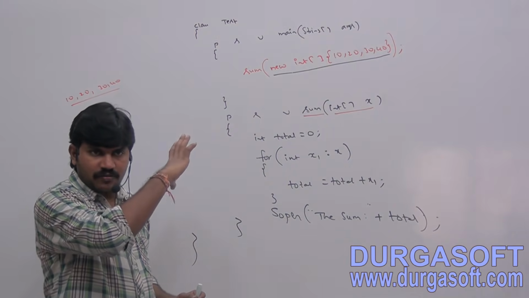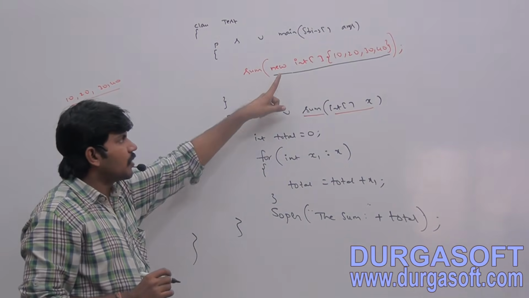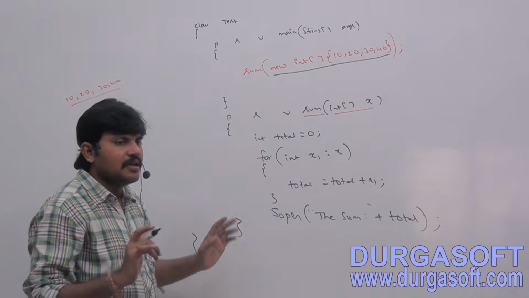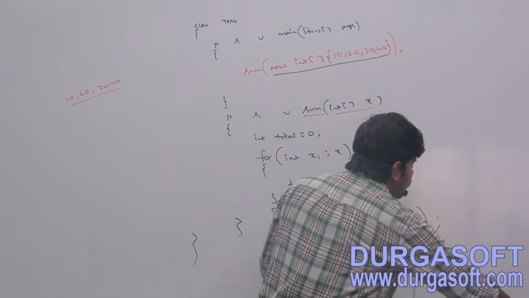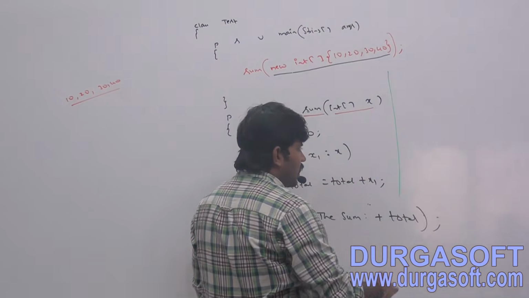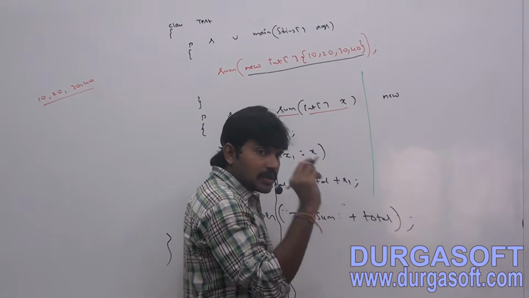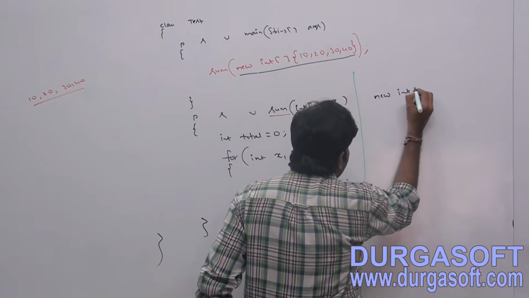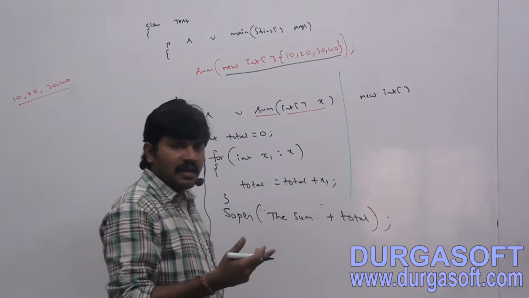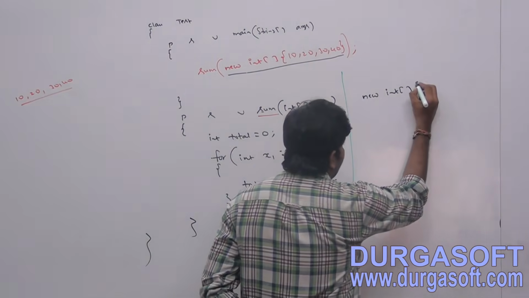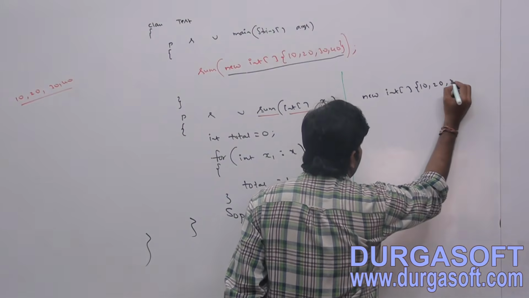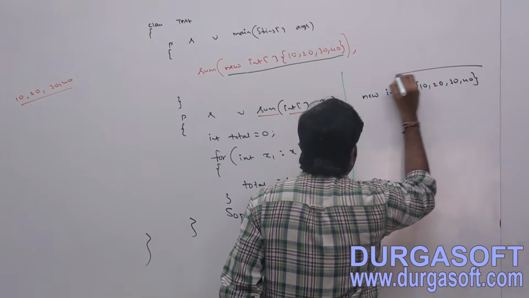Any explanation required for you people, right? Okay, so make sure how to create an anonymous array. Simple. We can create an anonymous array with the new operator, new type of array. What is the type of array? Int array, any type, char array, with what values? 10, 20, 30, 40.